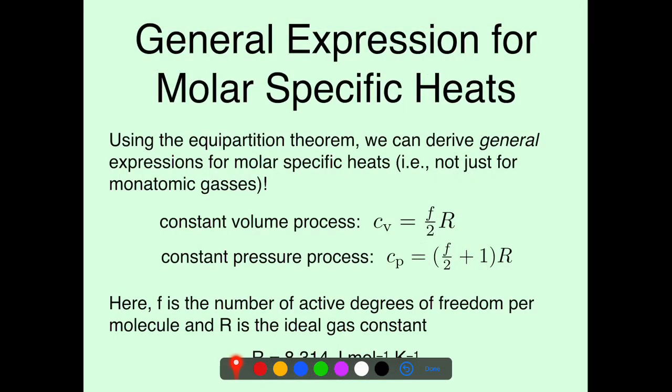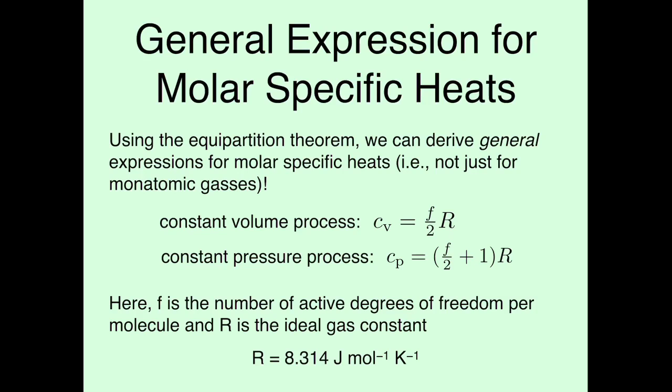Okay, and that proves the results that we were trying to show, which is that for a constant volume process, our molar specific heat, Cv, is going to be F over 2 times R. If we have a constant pressure process, Cp is equal to F over 2 plus 1 times R. And all we need to know in order to calculate a specific heat this way is the number of active degrees of freedom per molecule.